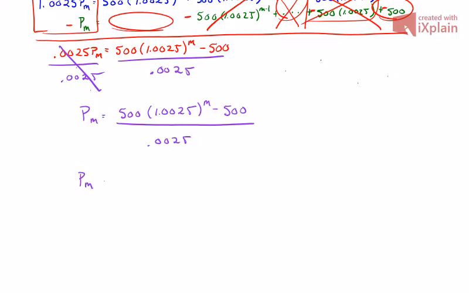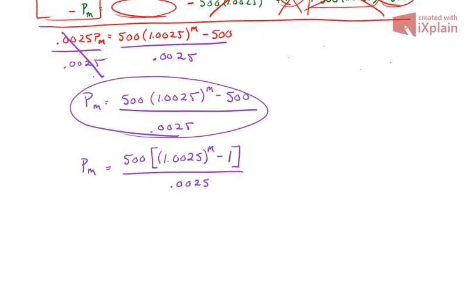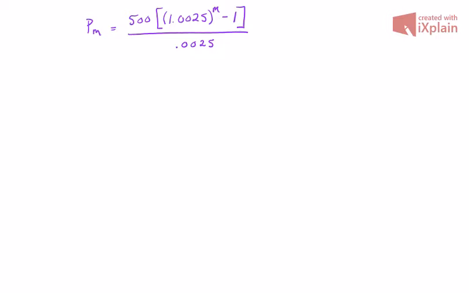So I'm just going to factor that 500 out, and what I have left in the first term is my 1.0025 raised to the m, and for the second term I just have a 1. And if you're not sure why, go ahead and redistribute that 500 back in. I should then get back to this formula. Okay, so we're essentially done here.